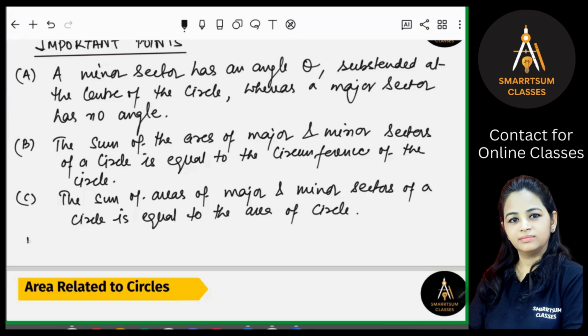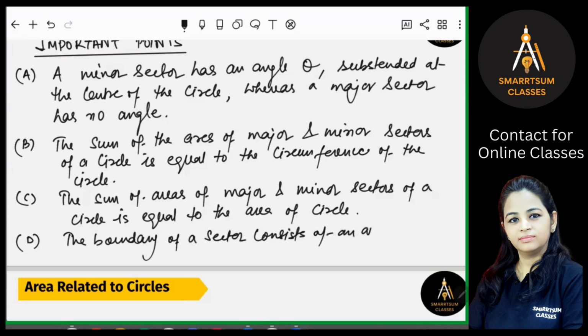And the third and fourth point is that the boundary of a sector consists of an arc of the circle and two radii.